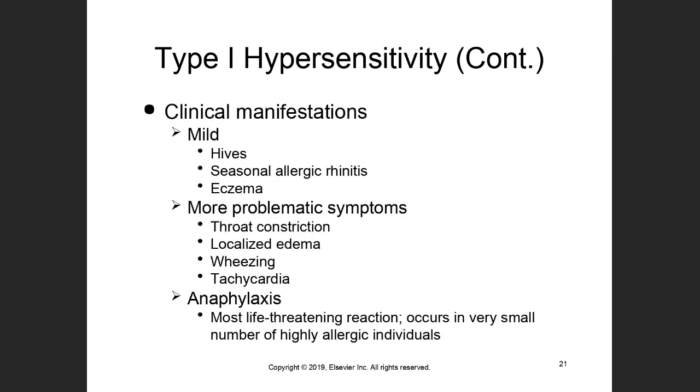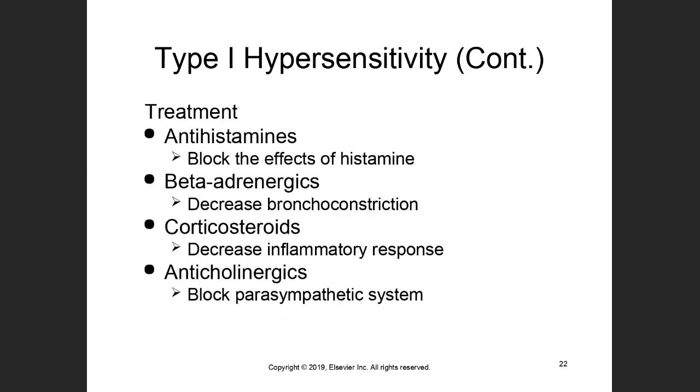Clinical manifestations: mild hay fever, seasonal allergy, rhinitis, eczema. More problematic is throat constriction, localized edema, and anaphylaxis. Anaphylaxis is the worst reaction and is an emergency condition. And that's why people that suffer from anaphylactic reactions always carry an EpiPen, because that's the treatment: epinephrine.